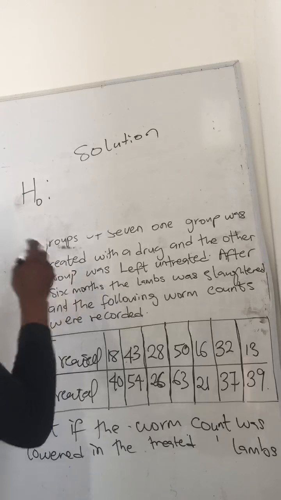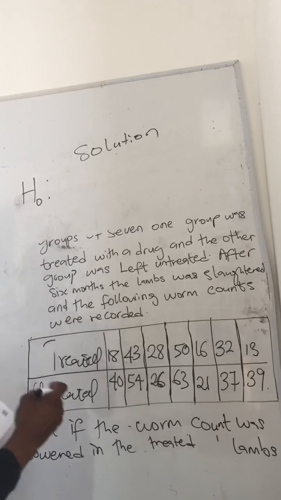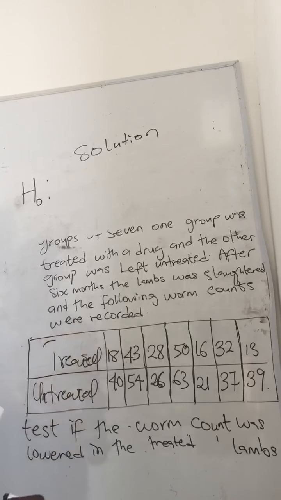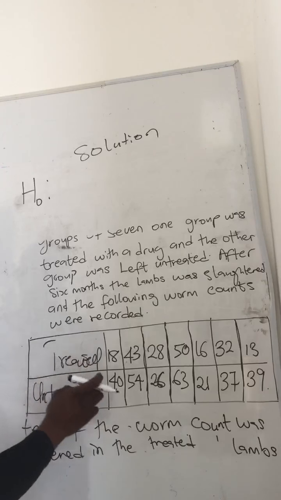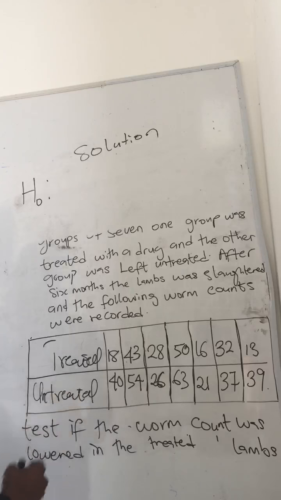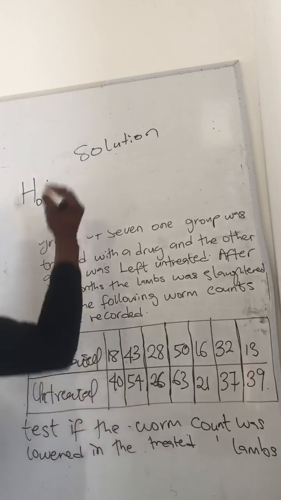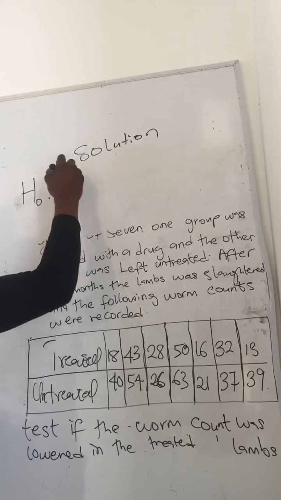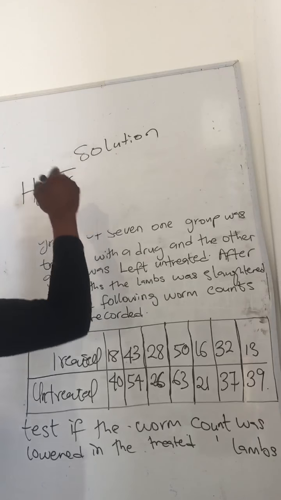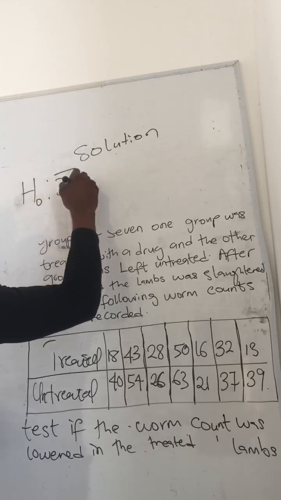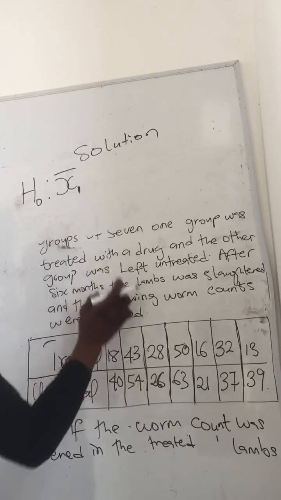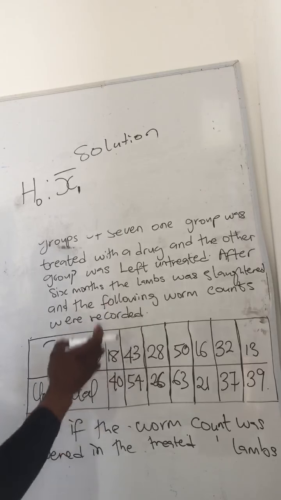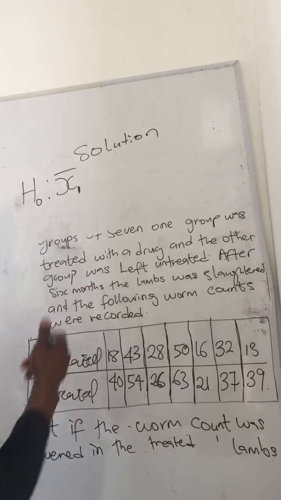Now let's use S1 to represent the treated and S2 to represent the untreated. So S1 represents the worm count of the treated, S2 represents the worm count of the untreated. Remember we said we are using the mean, the average. So the average worm count of the treated, S1. Now we are dealing with two samples, two parameters, two different things, treated and untreated.